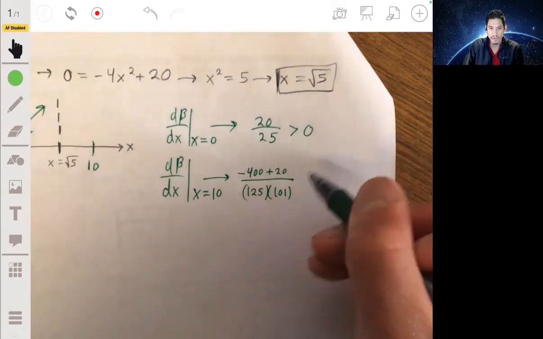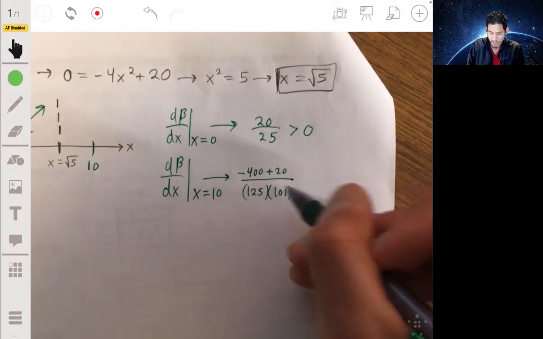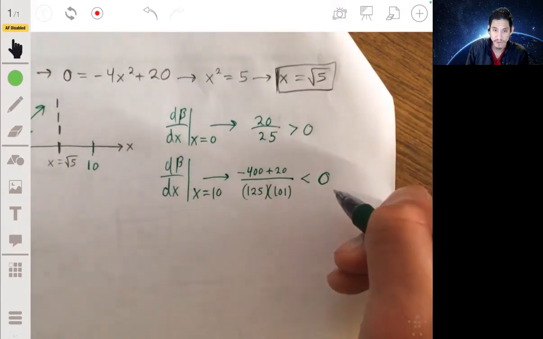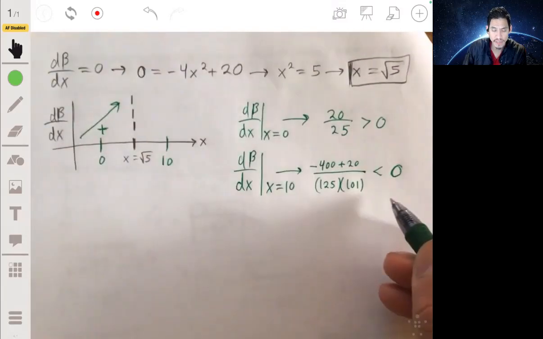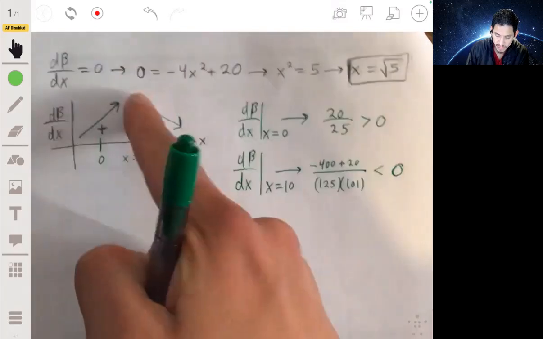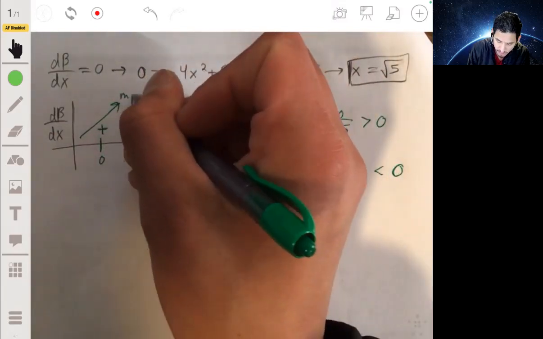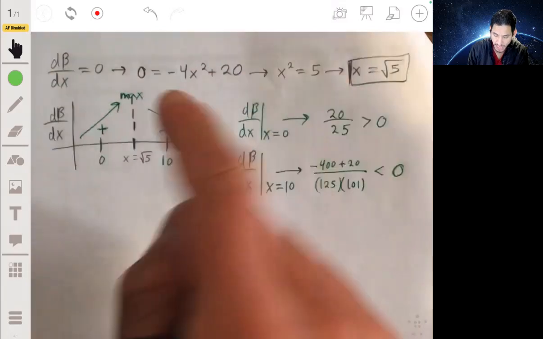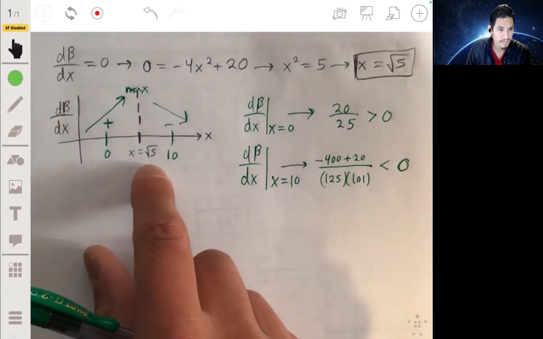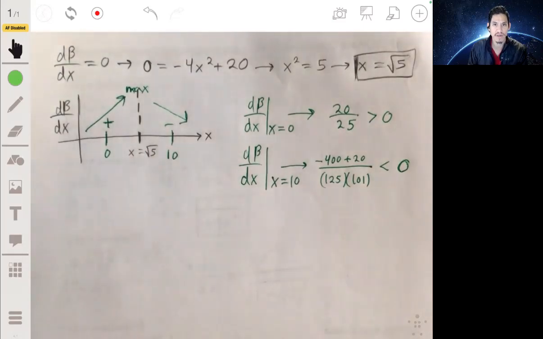Now the top, again, we know this is going to be negative and the bottom will be positive. So the derivative at this point is negative, which means the graph is going down. So then we do get a maximum at x equals the square root of 5. And that means that's going to give us the largest angle, beta.